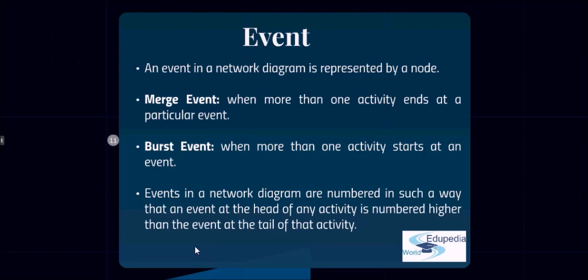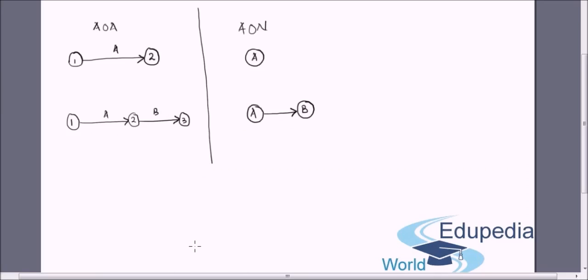Let's understand what are merge and burst activities. When we have an event, say 1, and if there is more than one activity emerging out from here, say A, B and C, then we call this a burst event.